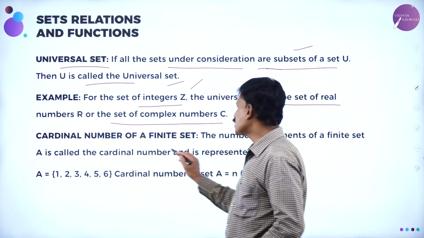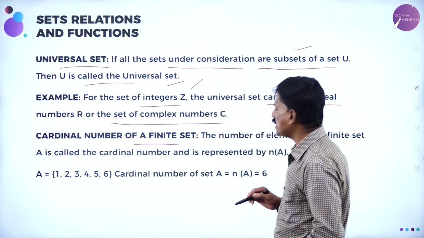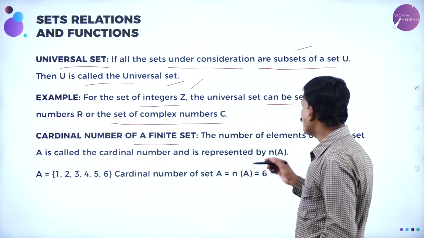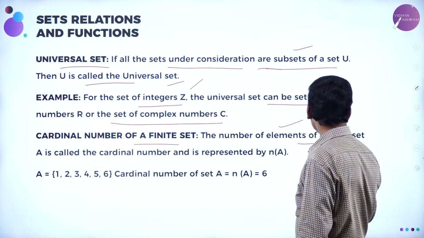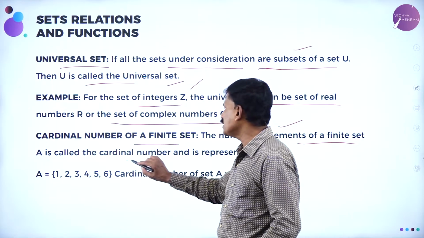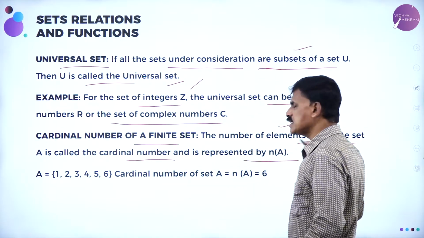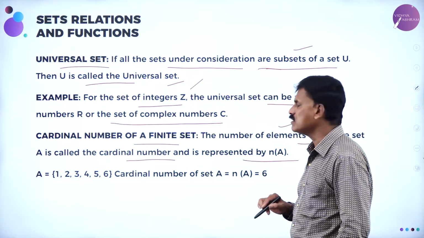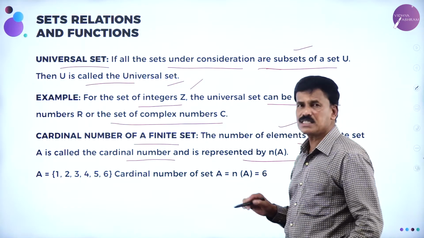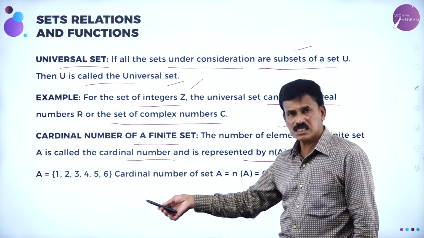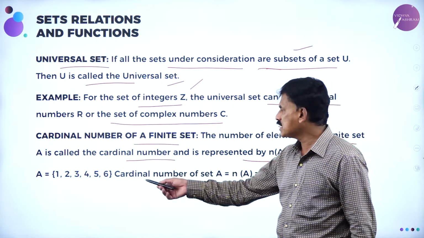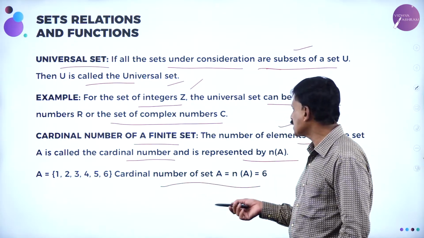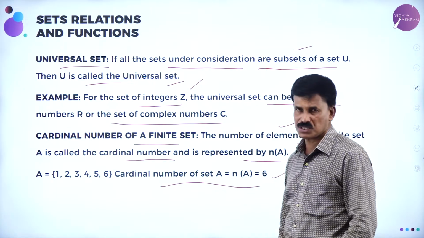Now the next concept, cardinality of a finite set. As I told, the number of elements of a finite set is called the cardinal number, and it is represented by n of A. Let us consider, for example, if A is equal to {1, 2, 3, 4, 5, 6}, it contains 6 elements, then the cardinal number of the set A, n of A, is equal to 6.